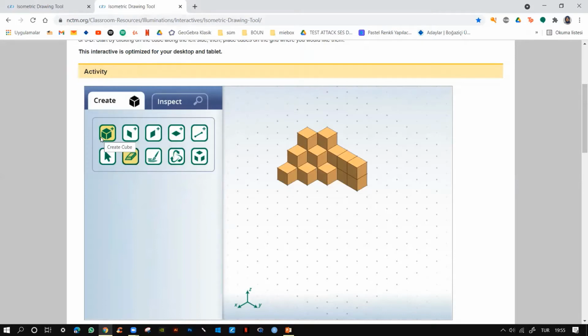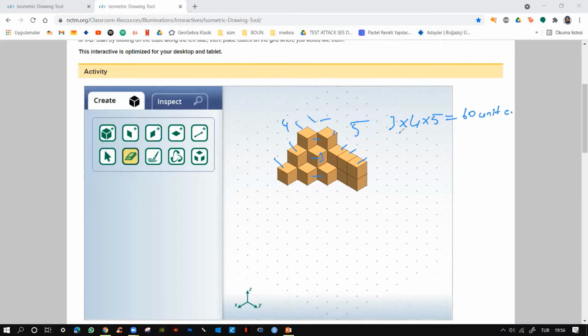And then if there is a hole as a rectangular prism, height is 1, 2, 3, and length is 1, 2, 3, 4, and width is 1, 2, 3, 4, 5. So totally we have 3 multiplied by 4 multiplied by 5 equals 60 unit cubes.